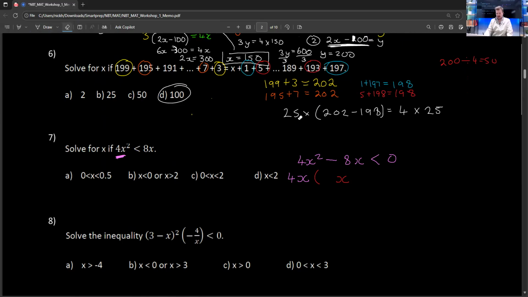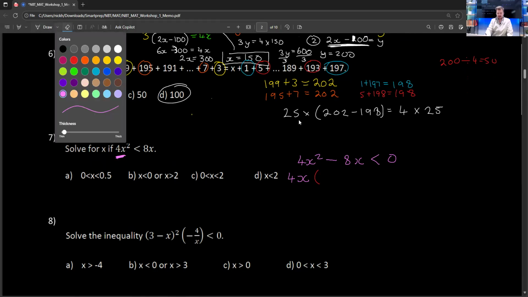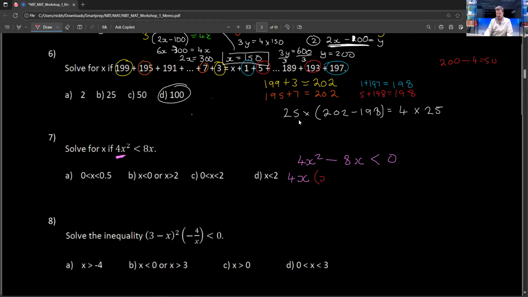And so when we take out 4, we're just left with x, a 1x. And then if I take an x out of here, I'm left with no x's. But if there's 8 and I've taken out 4, we don't say that there's 4 left. We say 8 divided by 4 is 2. And we would be left with 2.